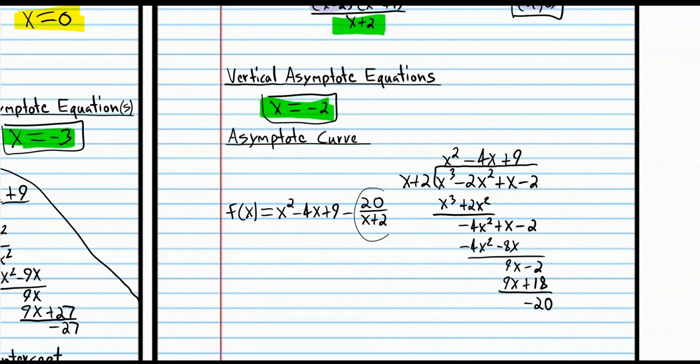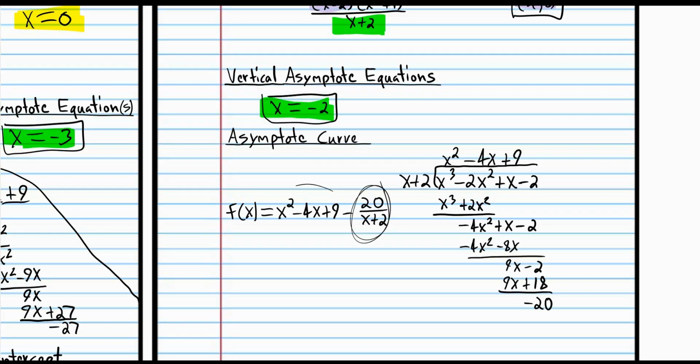So as this expression approaches infinity, or as the x value approaches positive or negative infinity, this fraction approaches 0. In other words, as x gets really, really big, a big positive number, or a really, really big negative number, this fraction approaches 0 and becomes negligible.